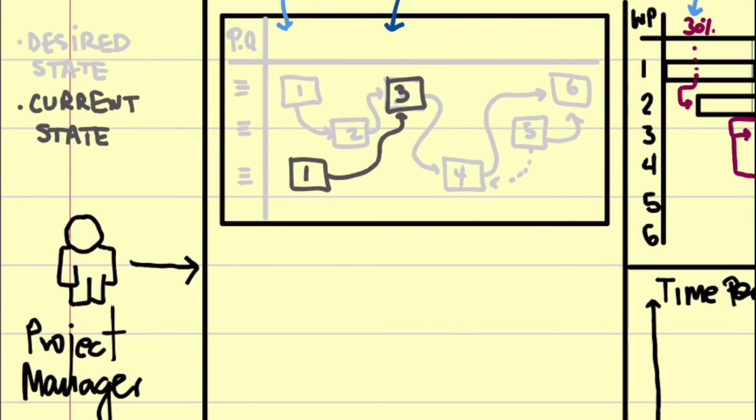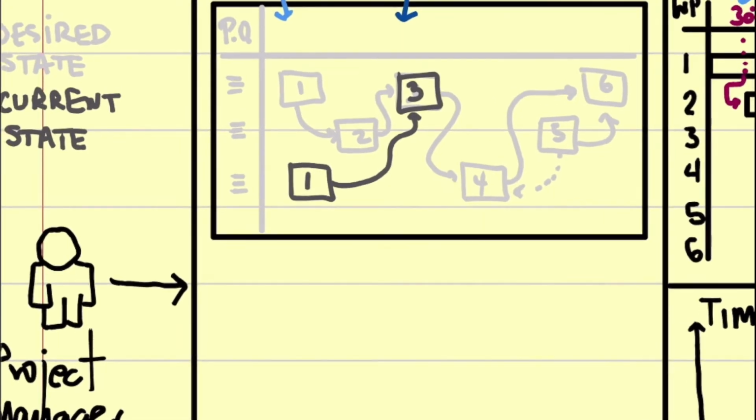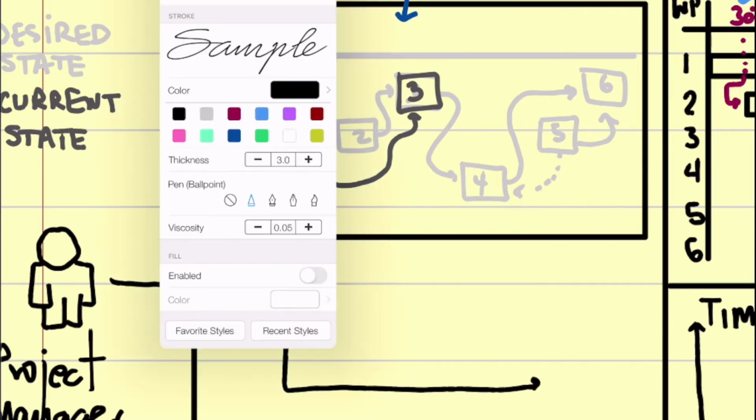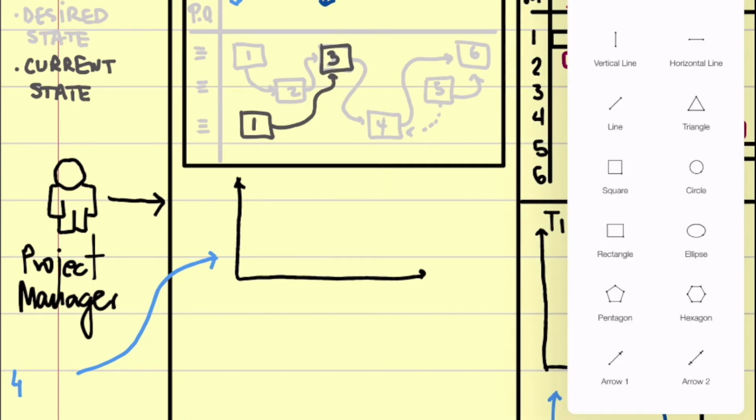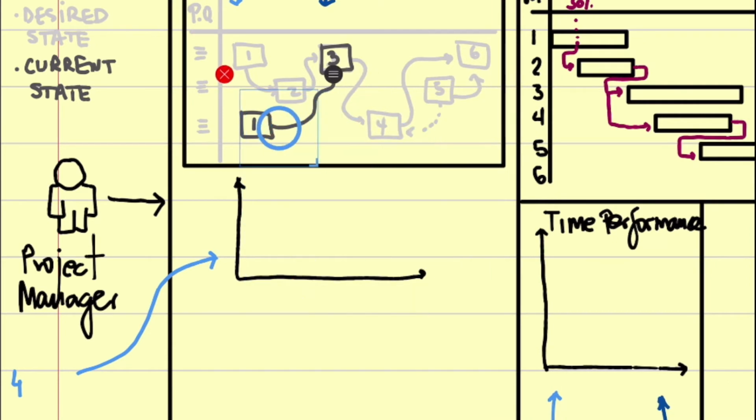So after that, we go and we decide what are the priorities. Okay, just as before. Number 4. We decide the priorities.